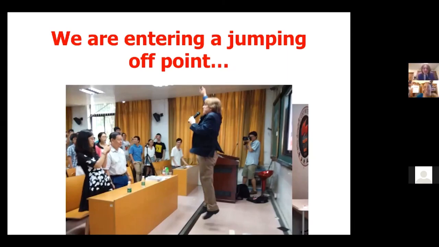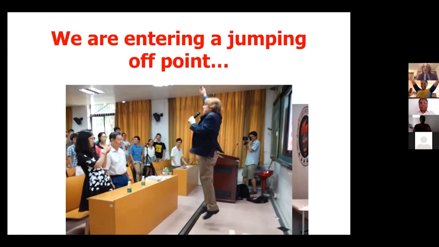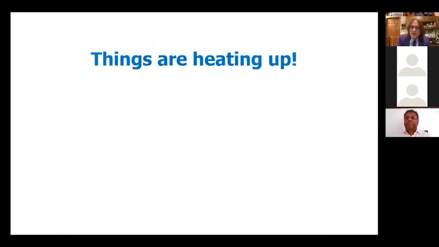All the ladies, jump with me. 1, 2, 3, jump. All the men, 1, 2, 3, jump. Everybody together, 1, 2, 3, jump. One more time. Okay, have a seat. We're at a jumping off point. We're not really sure where we're going, but things are heating up.